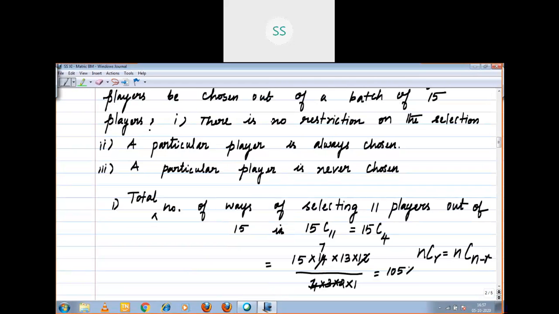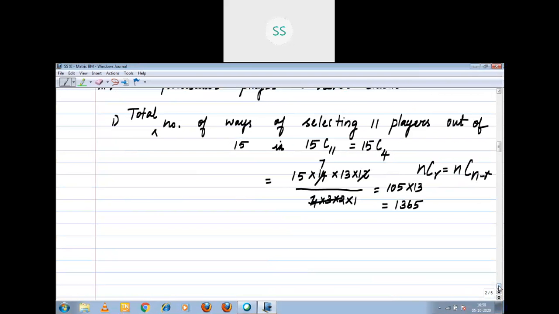Right? 15 sevens are 105. 105 into 13, which is equal to 1365. You can multiply and check. So 1365. Got it?